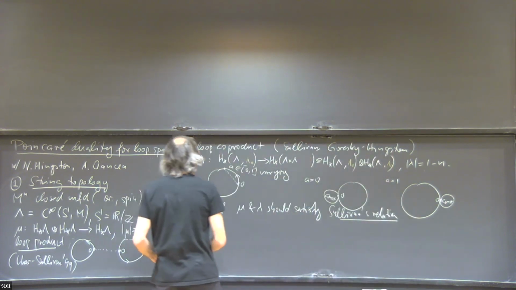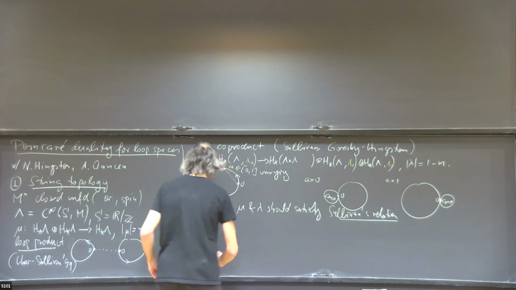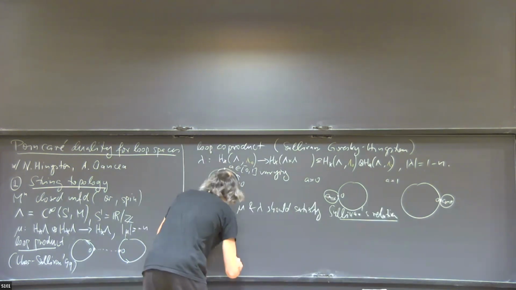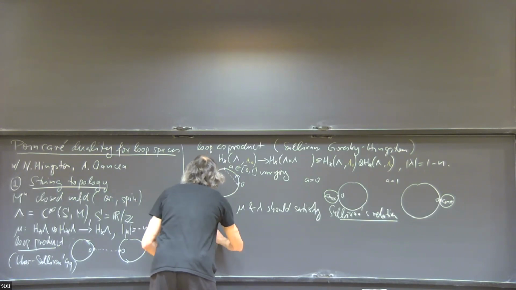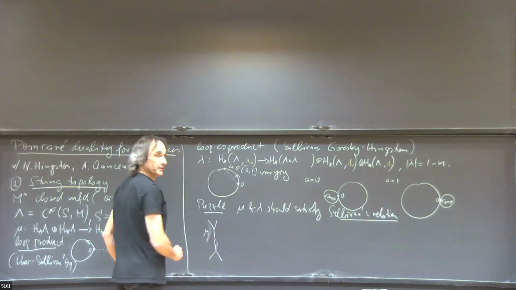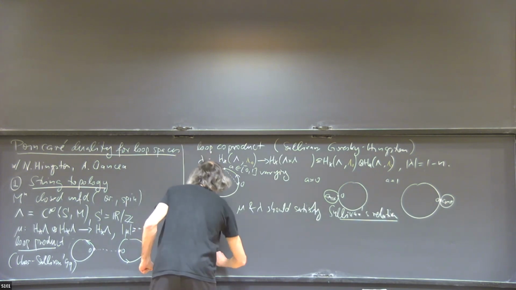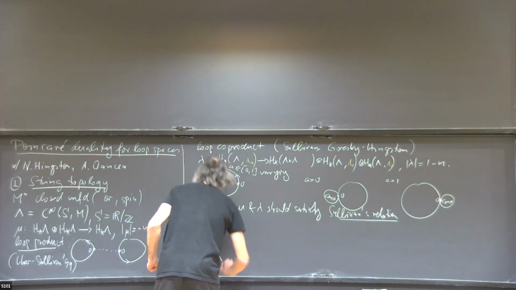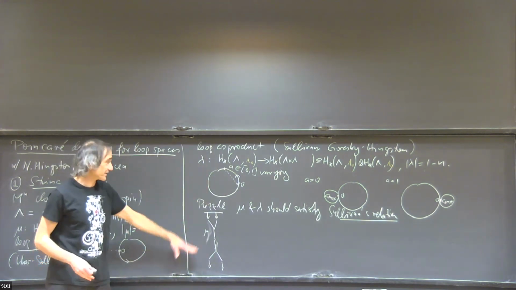And I'll make a schematic drawing. I hate writing formulas, but you can translate everything into formulas. So this is my drawing for mu. This is my drawing for lambda. And when I'm drawing that, I'm coming from symplectic geometry or symplectic field theory, so for me, inputs are always at the top and outputs are at the bottom.